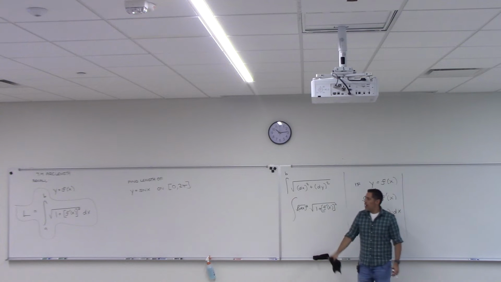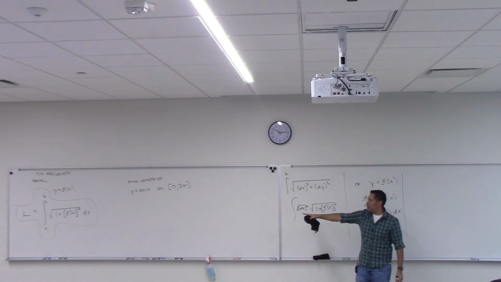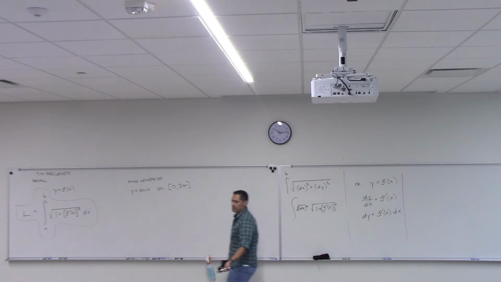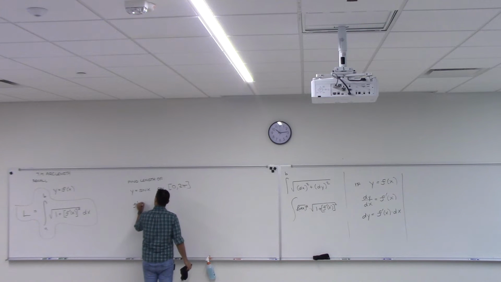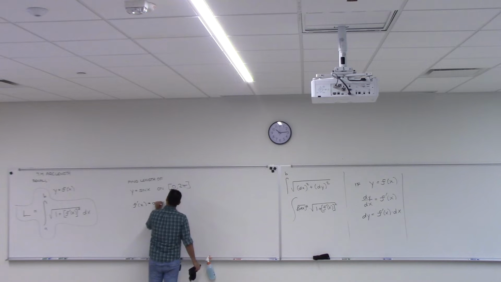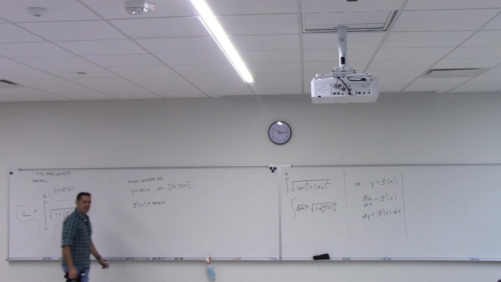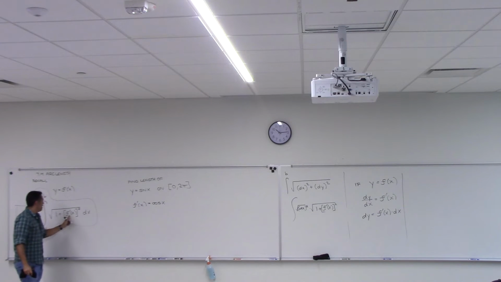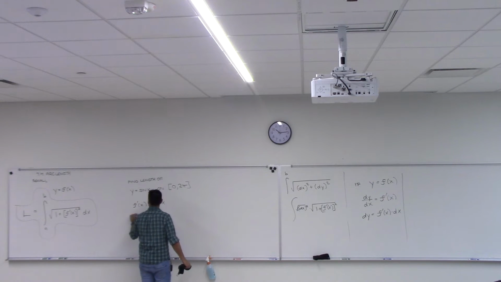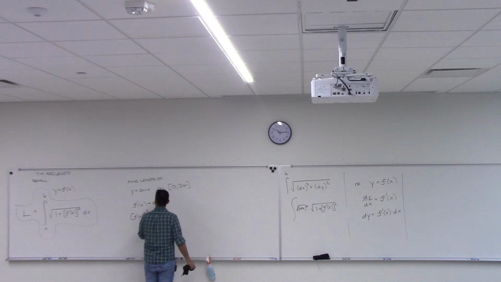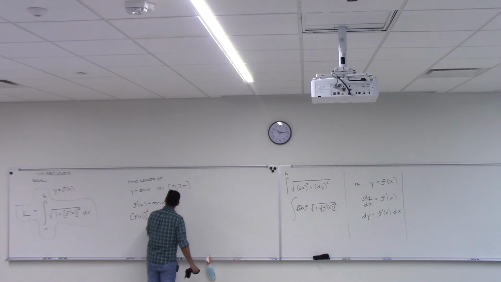All right, well, I just need that formula, right? So in that formula, I need to know what the derivative is. The derivative of this function is cosine. Easy derivative. Okay, then I need to square it, right? I'm just doing groundwork to get myself ready. If I square that, that's just cosine squared x, no big deal.